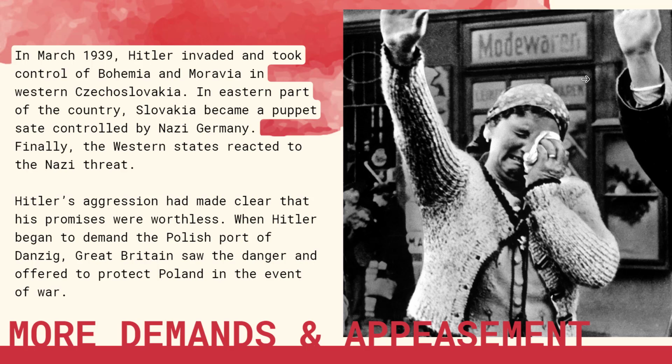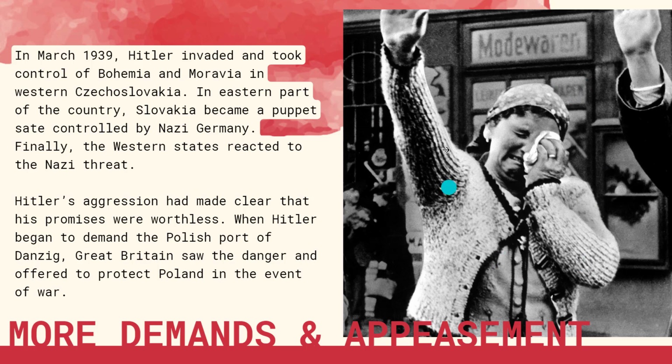Poland is an ally of Great Britain. And Great Britain saw this as a threat to Poland. And they said, hey, Poland, if Hitler and Germany start to attack you, we got you. Okay? So now what's going to happen?